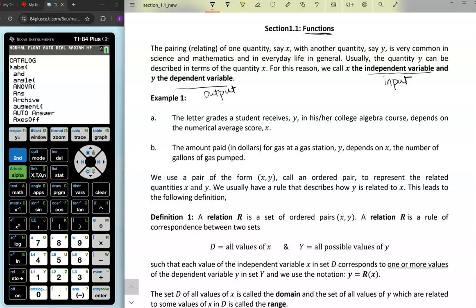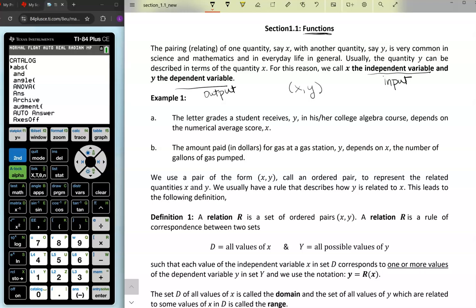Now, this is just one of these conventions in mathematics. Because a lot of our functions at this point are graphed on the xy plane, we have the coordinate pair xy, we call x the independent variable and y the dependent variable.